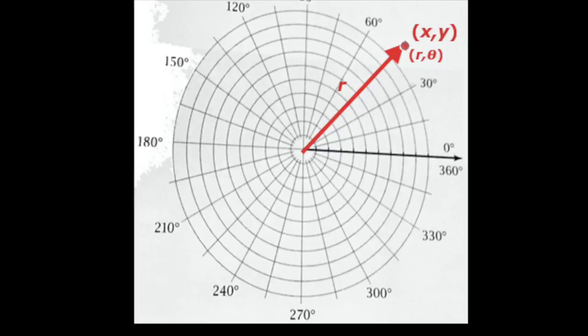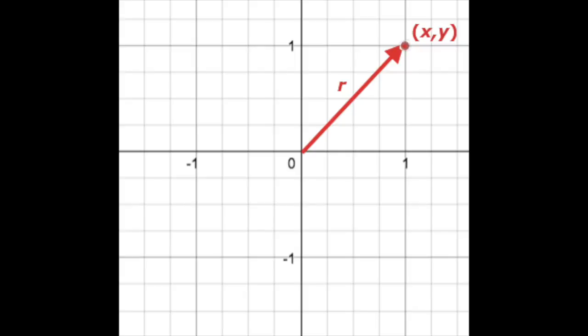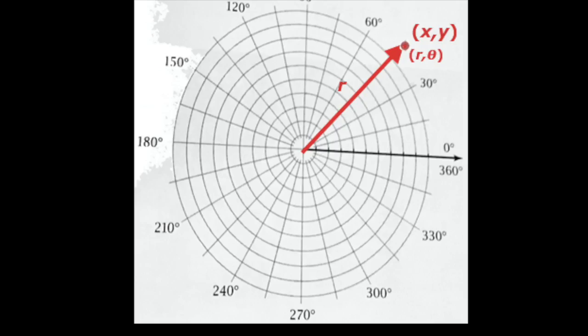Another thing that's kind of annoying, if I give you a point on a plane, any point on a plane, there is only one way to express that point in rectangular coordinates. X comma y. No ambiguity at all. With polar coordinates, there is some ambiguity.